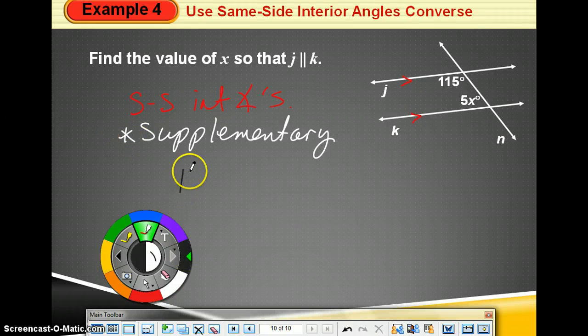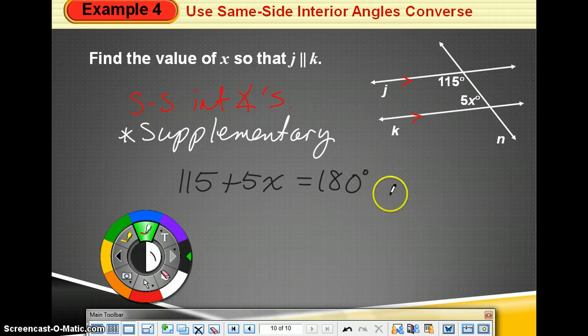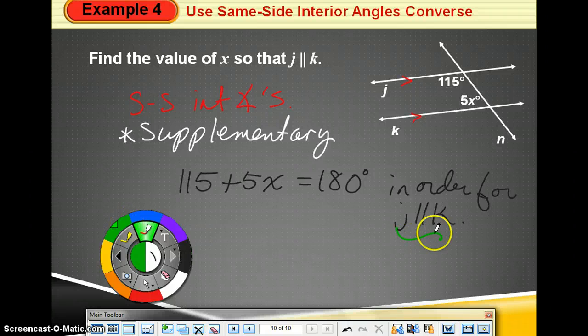So now I can say that 115 plus 5x would have to be equal to 180 in order for j to be parallel to k. Does that make sense? You wouldn't need to write that, but that is your thought process.